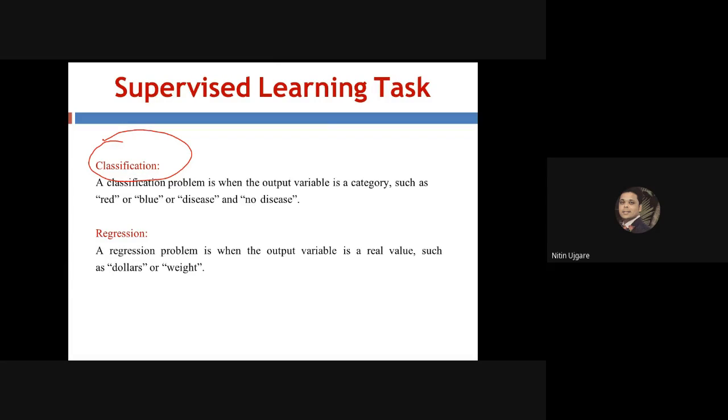Suppose you want to classify the given image into different color categories like red, blue, and green, right? So you will classify the given image into each of these categories, maybe red, blue, or green, because these are categorical output variables, and they have discrete values.